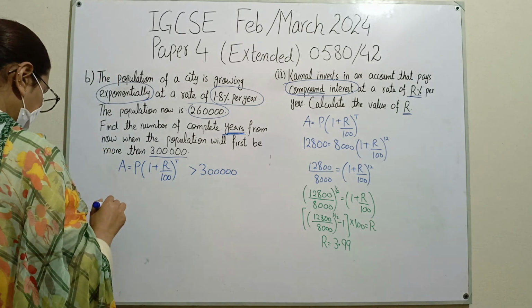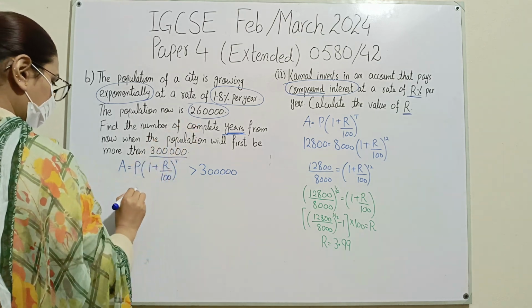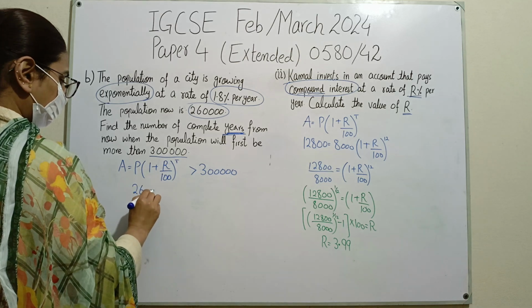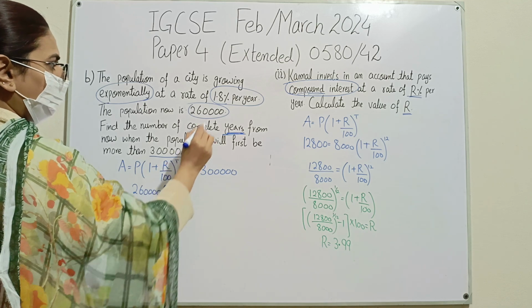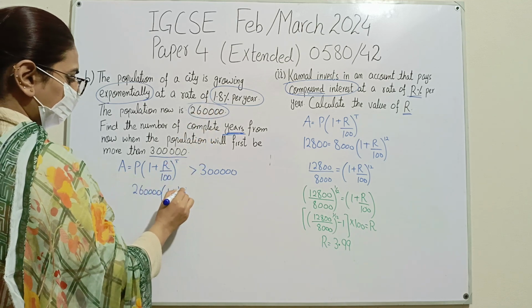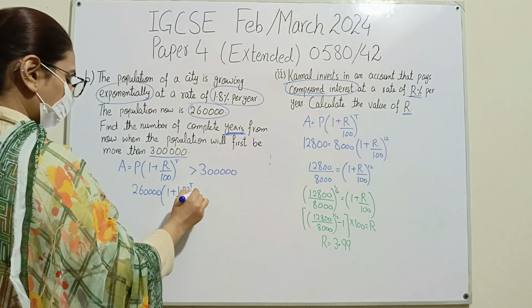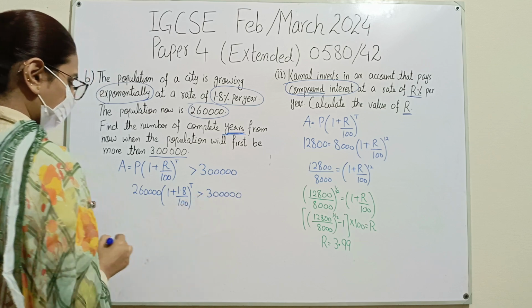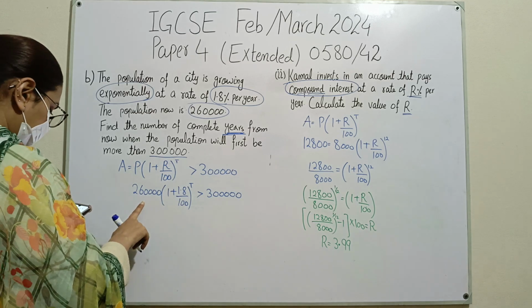So substitute the values over here. Principal value is 26,000, times (1 plus the rate r, which is 1.8, by 100) to the power t, greater than 3 lakhs. Try to calculate this value.